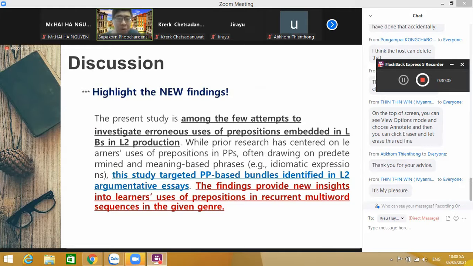But what is more important, and goes together with the results, is the discussion. You have to highlight the new findings. This is a classic problem that new researchers or graduate students are often faced with.